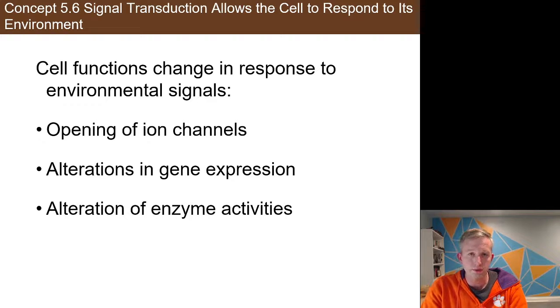Alterations in gene expression, so controlling transcription, translation, and how we are ultimately producing proteins inside of the cell, can be controlled through mechanisms like this. And then also just changing the enzymes' activities by producing inhibitors or activators or cofactors involved in the enzyme function. So all of these things can be controlled through these different cascade events.